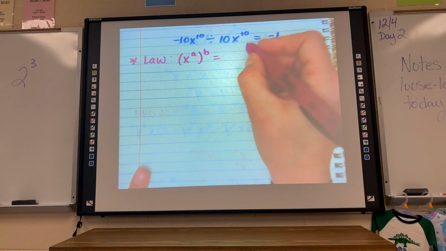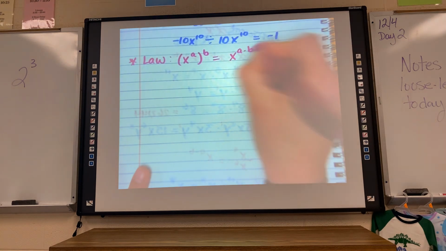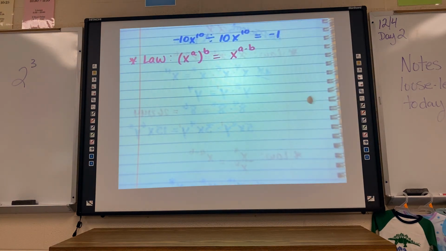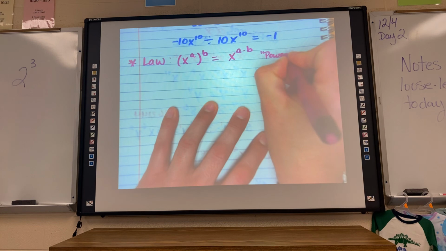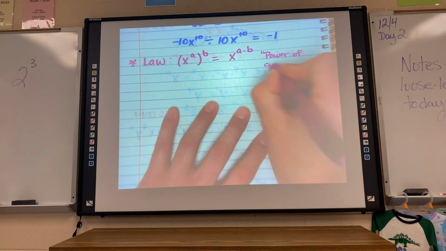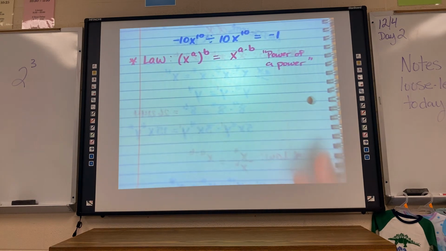You multiply them, so this becomes x to the a times b. A power raised to a power, or power of a power. Okay?